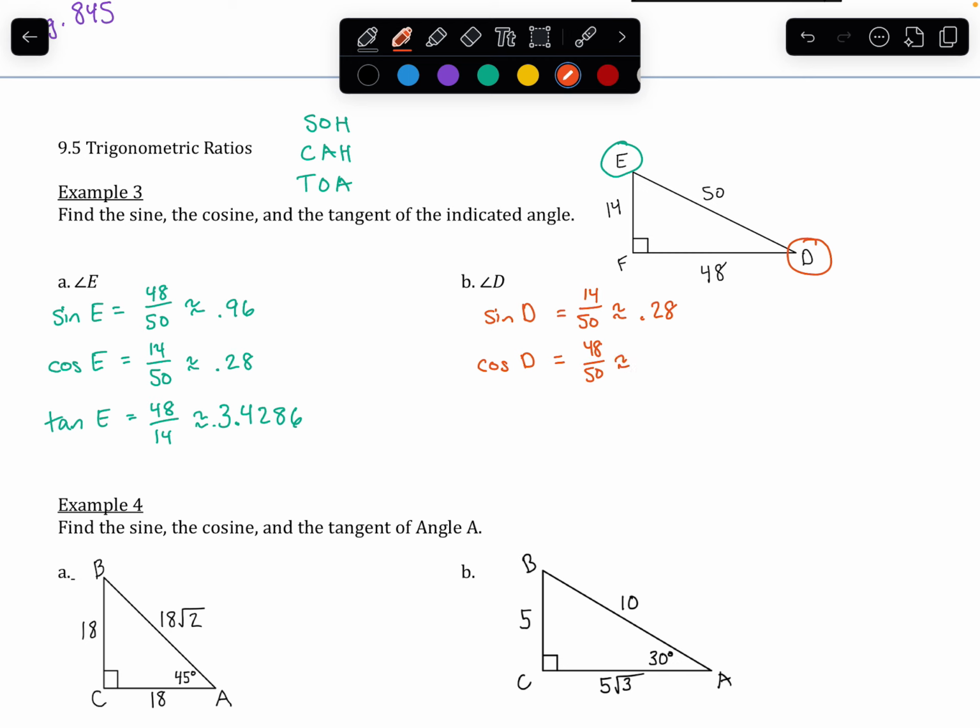Calculated that earlier too, so 0.96. We have tangent of D, which is going to be opposite, so 14 over 48, 0.2917.